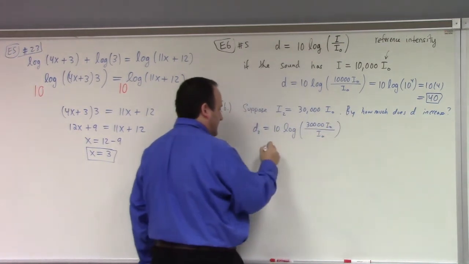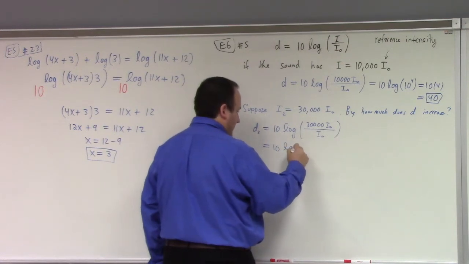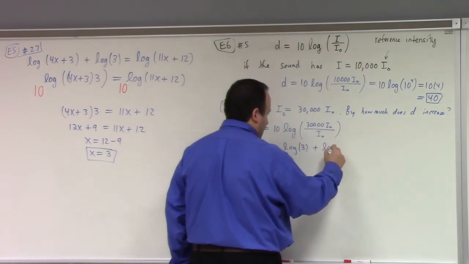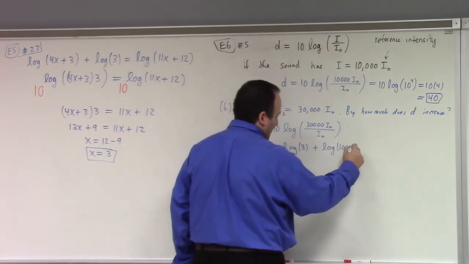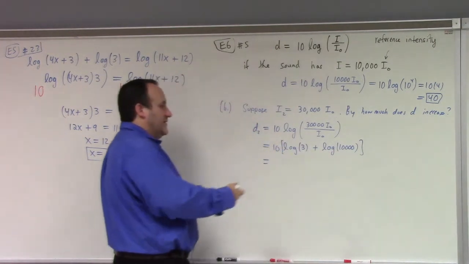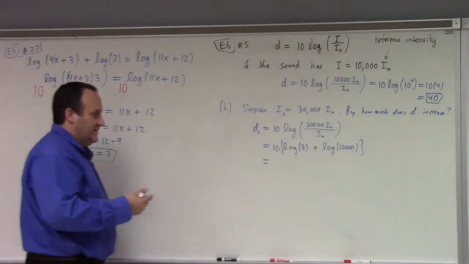So again, the I naughts cancel, and we get 10 log of 30,000, right? So I could rewrite that as log of 3 plus the log of 10,000, yeah? Of course, you could just take log of 30,000 directly in your calculator if you want. It's fine.